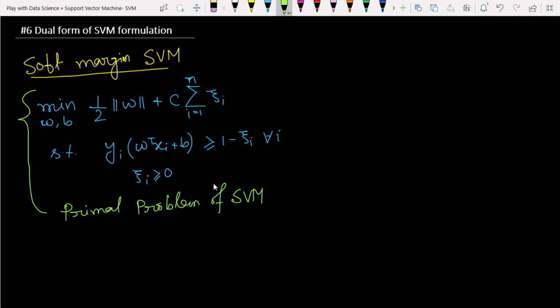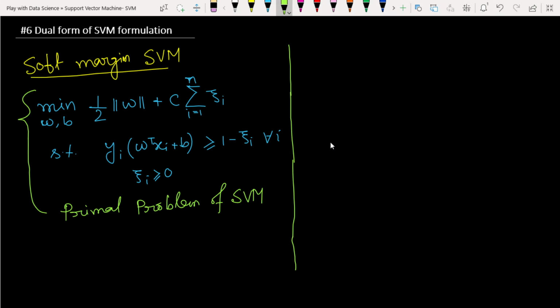Simple. Now we are going to convert this into the dual problem. Dual problem means what? The dual problem is the same equations in a different form, and both are equivalent.